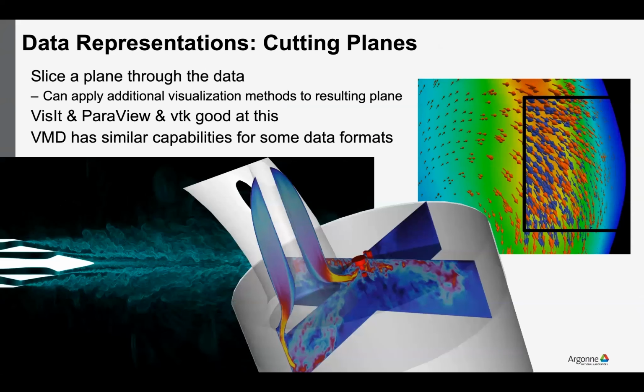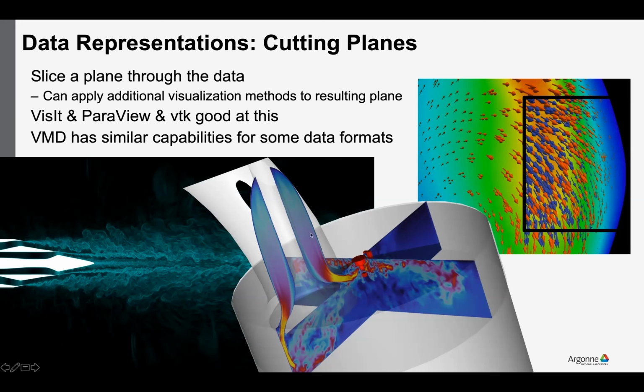Cutting planes, or slices, are exactly what they sound like. Basically, you take a plane and you slice it through the data set, sample the data along that slice, and color it by that variable. Again, VisIt and ParaView are good at this. VTK has similar capabilities for particular types of data.